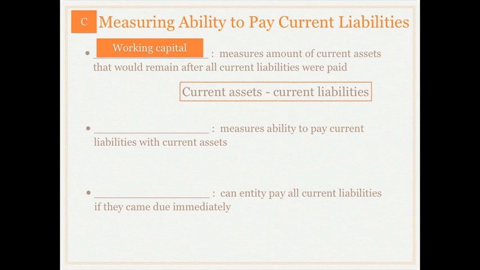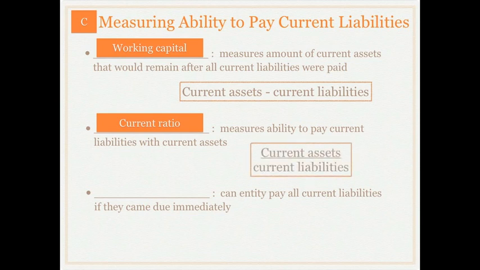Another ratio that's widely used is called the current ratio. This measures a company's ability to pay its current liabilities with its current assets. To calculate this ratio, we take our current assets and divide that by our current liabilities.